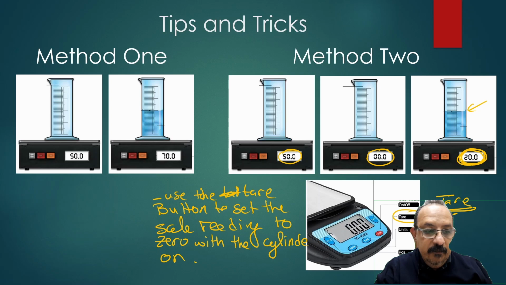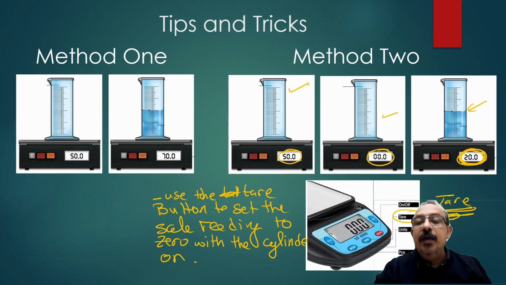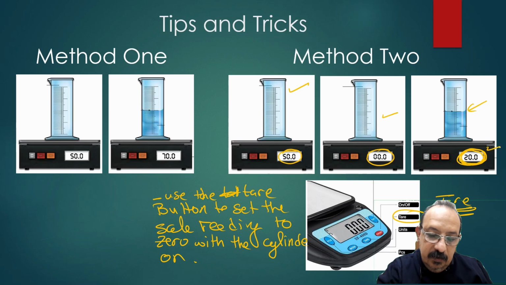So the first method, you take the mass of the empty cylinder, then the mass of the cylinder plus water, subtract, and you get the mass of water. In method 2, we use the tare button on the digital balance. We don't take a reading for the empty cylinder, we just put it on the scale and use the tare button. It zeroes the scale. Then we add the water to the cylinder and directly take the measurement.